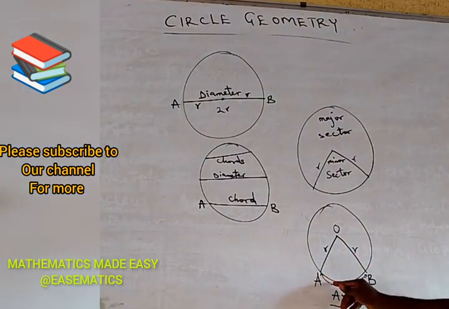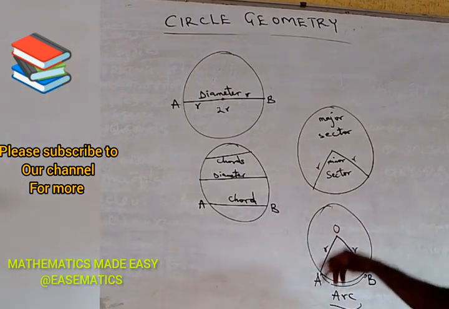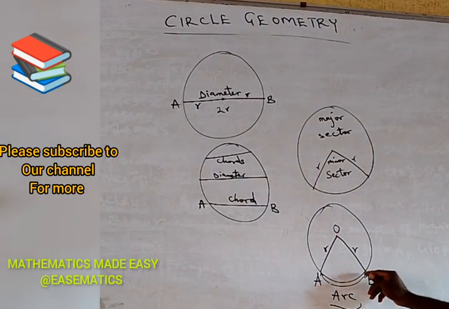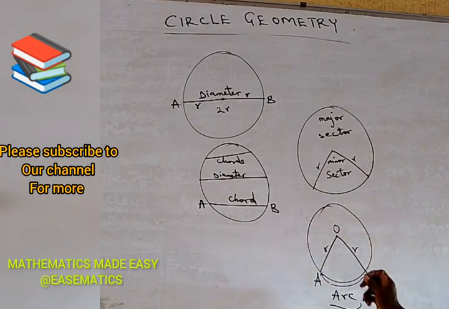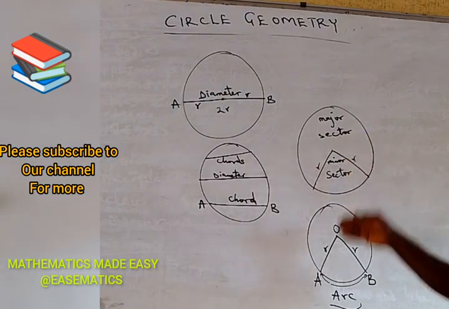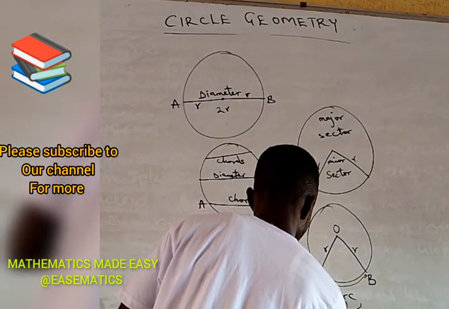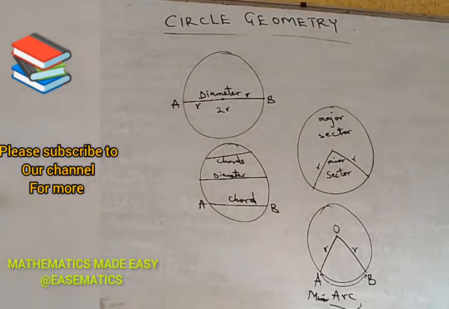This has divided the circle into two parts. It divides the circumference into two parts. One of the parts is smaller. Consider what we did earlier. The smaller part, we call it the minor arc.